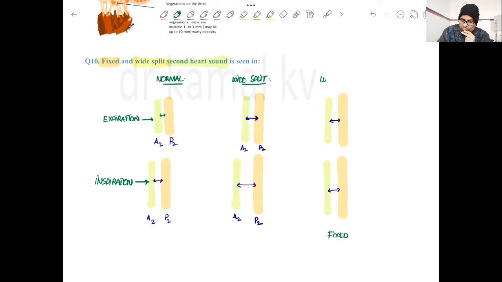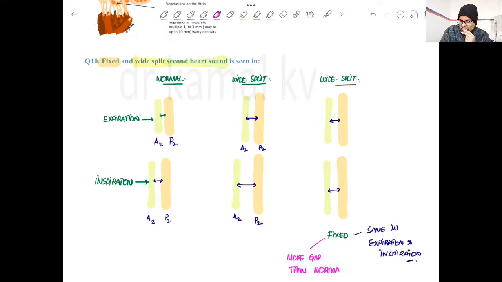Of course this is also wide split. So the moment I am using the word fixed, it means same in expiration and inspiration. Clear? So it is same in expiration and inspiration, but yes, more gap than normal.